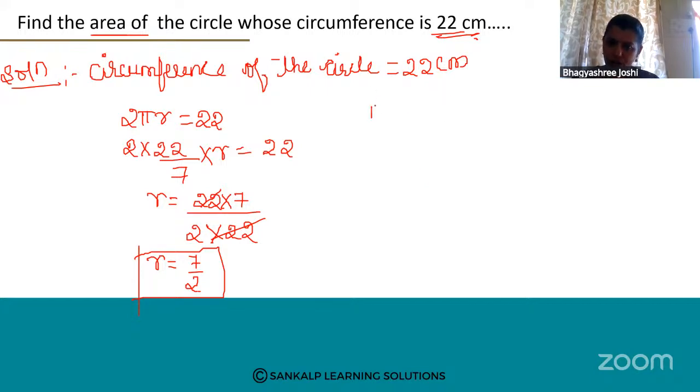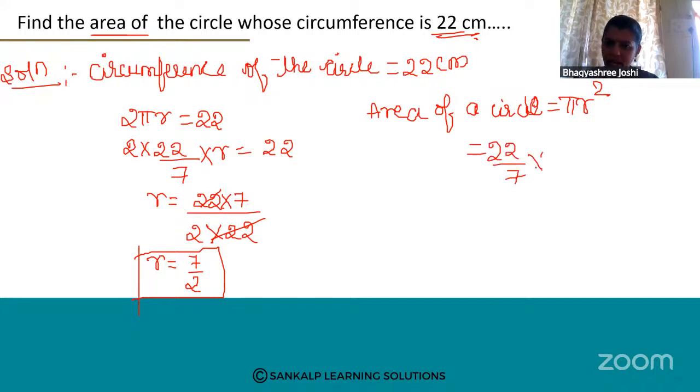So area of a circle is pi r square, right? Pi value is 22 divided by 7 and r value is 7 by 2 into 7 by 2.